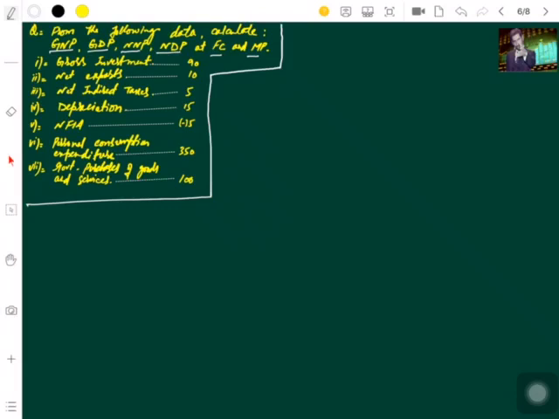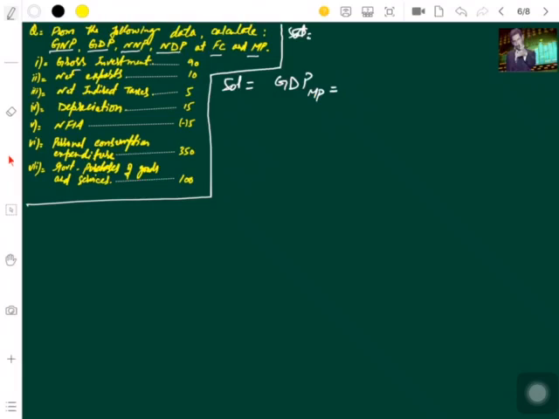So first I'll start with the solution, and what I have to calculate is, I'll start with GDP at MP. Our GDP at MP will be equal to, let us look into the components. Gross investment, net exports, net indirect taxes, depreciation, NFIA, personal consumption expenditure, government purchases of goods and services.